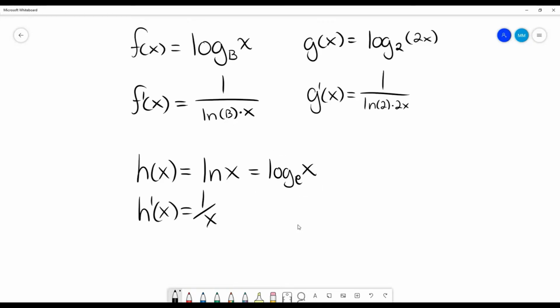So if I use my other rule, I know that the derivative of that is going to be 1 over the natural log of my base, in this case e, times x. Natural log of e is 1, so it turns into 1 over x. And that's kind of where this comes from.